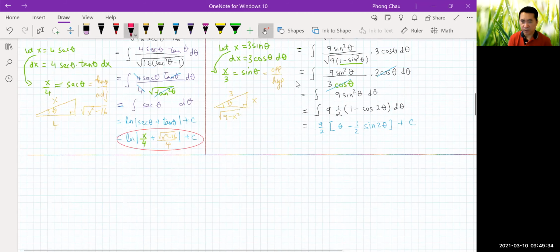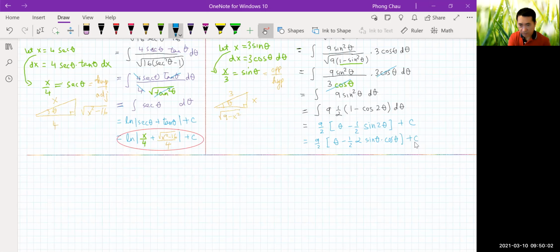So from here, you have to convert it back to the single theta. So that's 9/2 times theta minus 1/2 times 2 sine theta cosine theta plus c. That is the identity we use here.